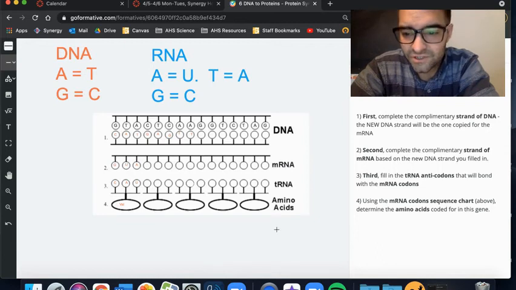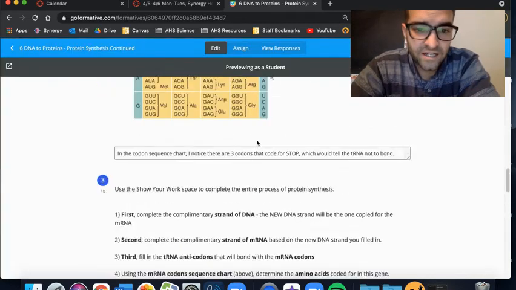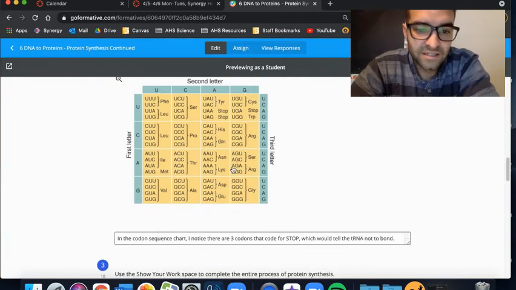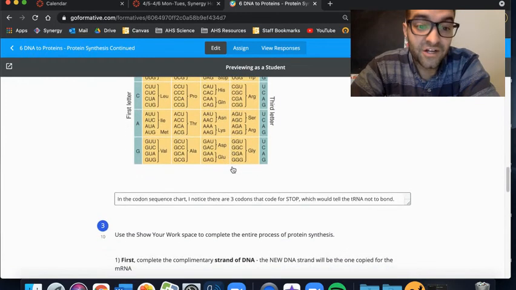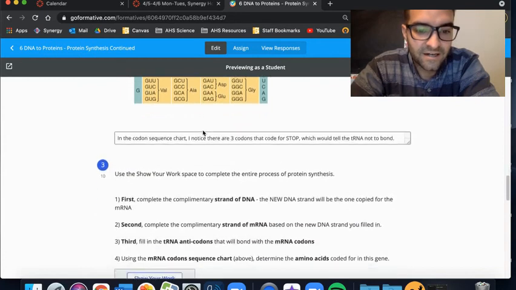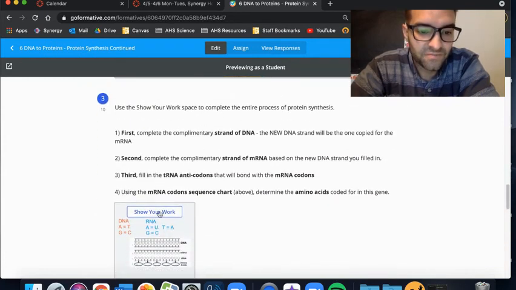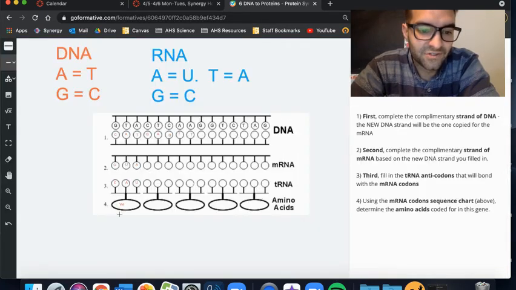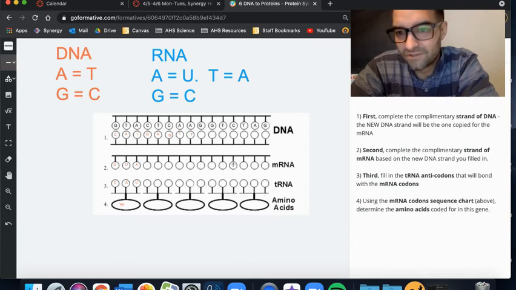Then you're going to need to use the codon sequence chart. Go back out, take a look at this and search for that codon. The mRNA sequence is what this is, so make sure you get that right. That would be our first amino acid. You just need to know the little abbreviation, as I don't expect you to memorize the names or anything like that.